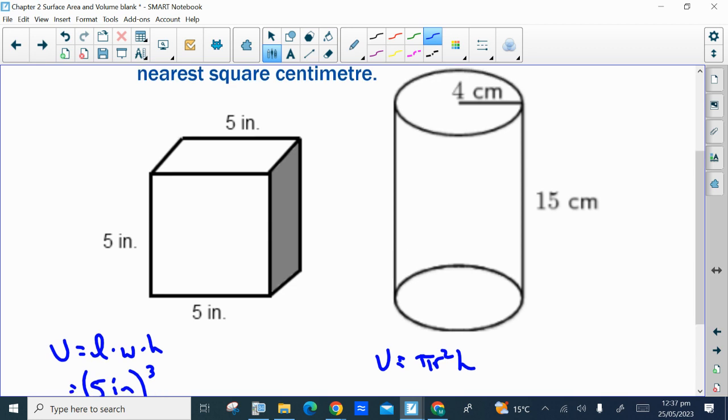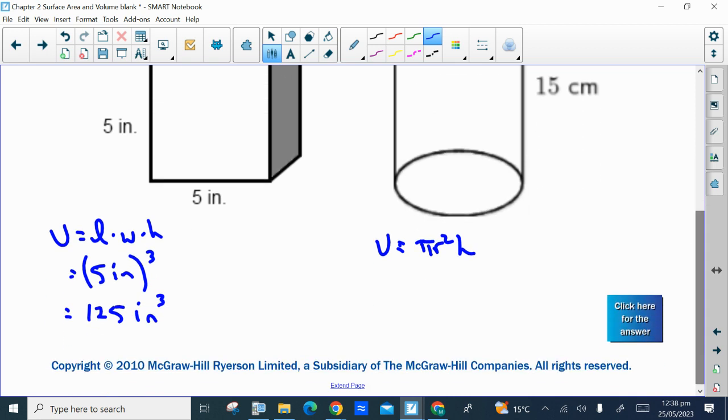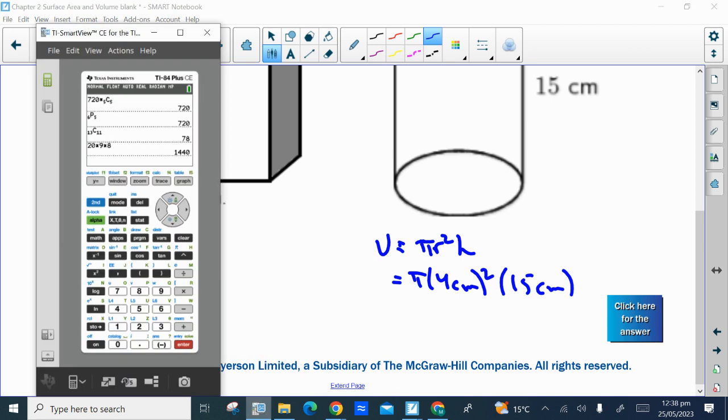So that cylinder has a radius of 4 centimeters and a height of 15 centimeters. Those are the values of R and H. But the formula tells us that you have to square the radius. And once again, we can put this entire thing in our calculator and do it in one step.